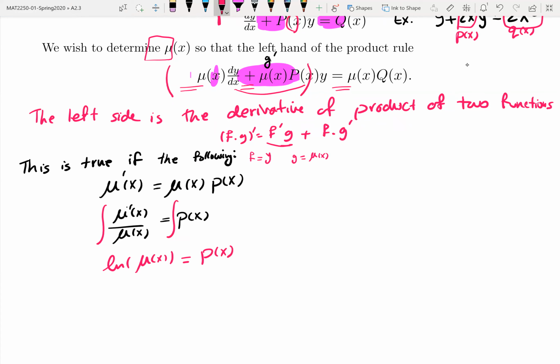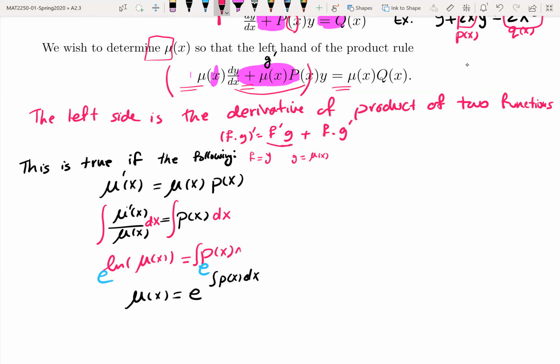Then I need to exponentiate both sides, and that gives me mu of x has to be e, oops, I left out my integration notation. That would be e to the integral of p of x dx.